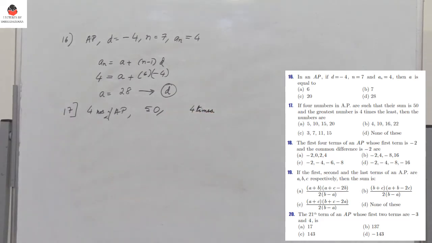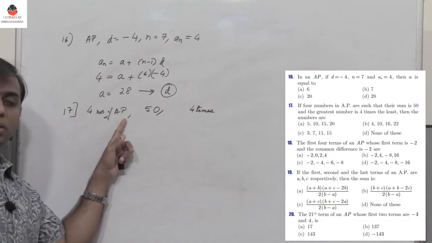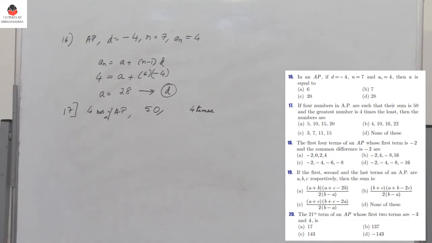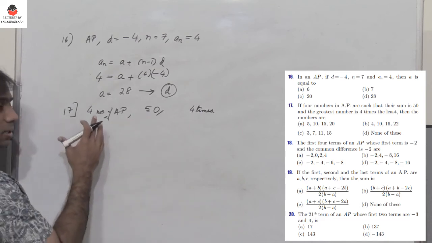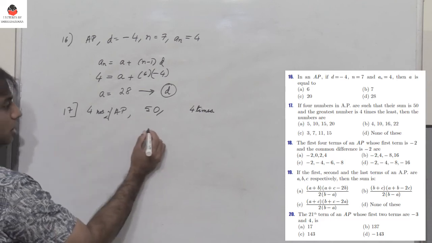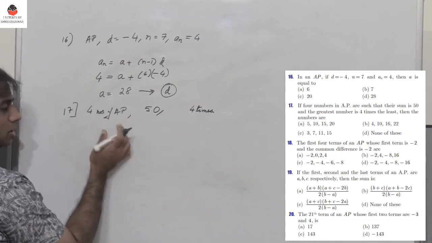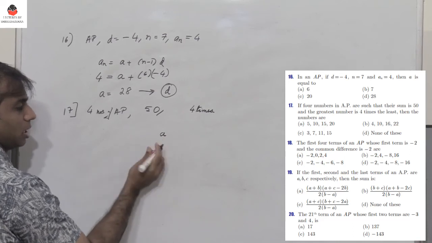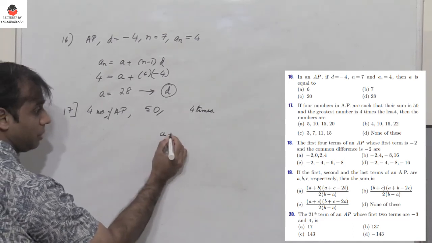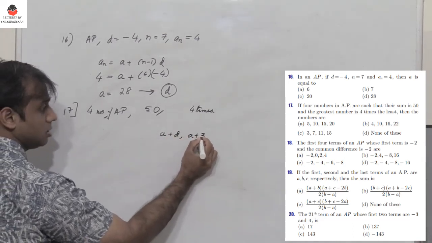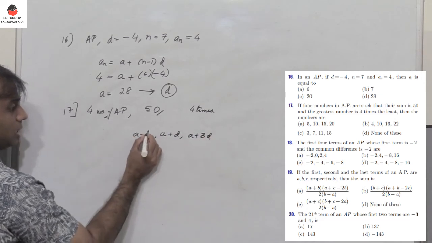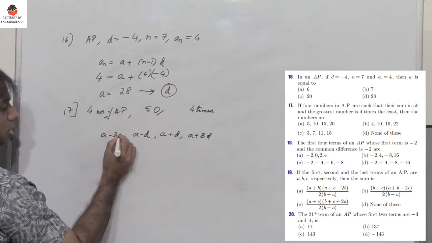Whenever the sum of the numbers is given, we have to take the numbers in such a way that d gets eliminated. So here, since I have an even number of terms, let the arithmetic progression terms be a plus d, a plus 3d, a minus d and a minus 3d.